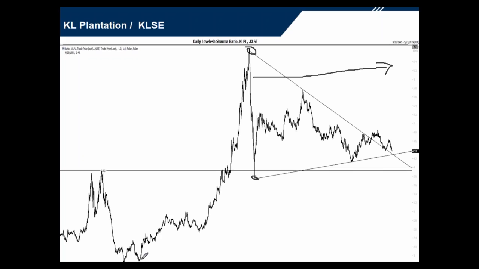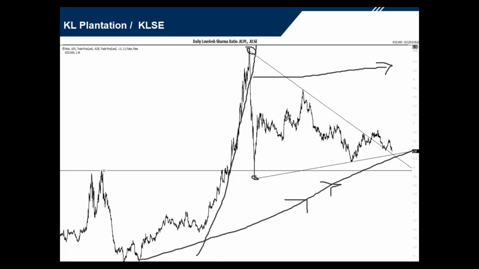This is another sector, plantation. Though it has been a long time, this sector is in sideways territory. Since 2009 it has been in a downward momentum, and since then it has been sideways.